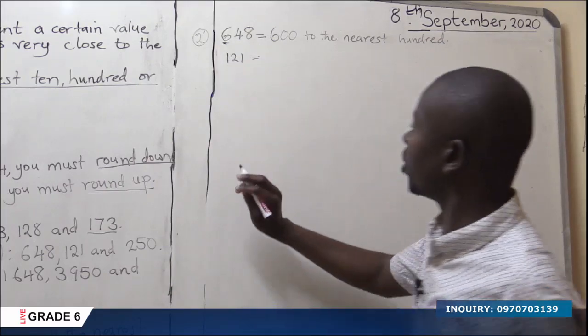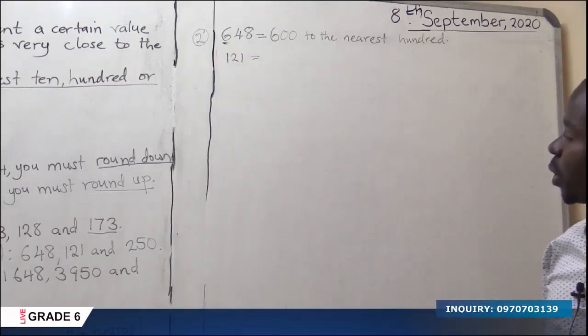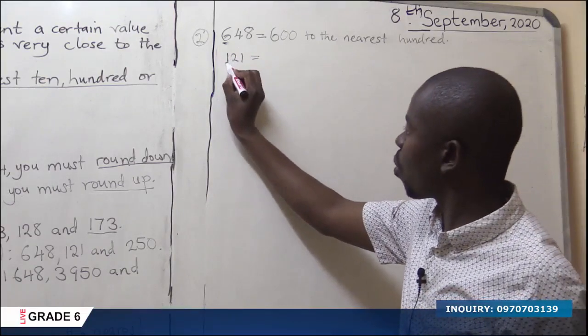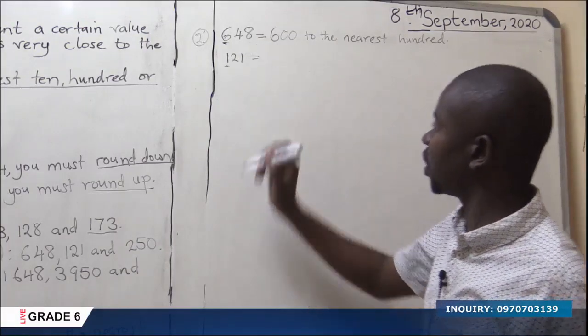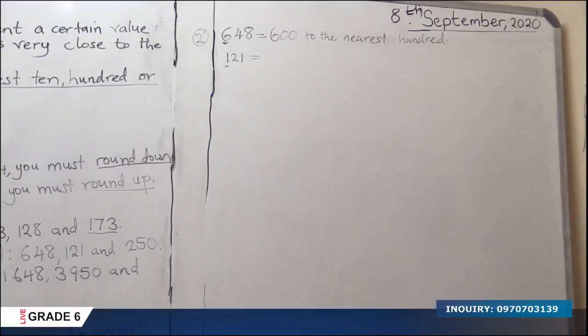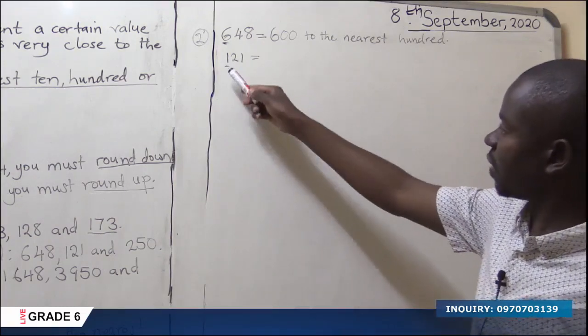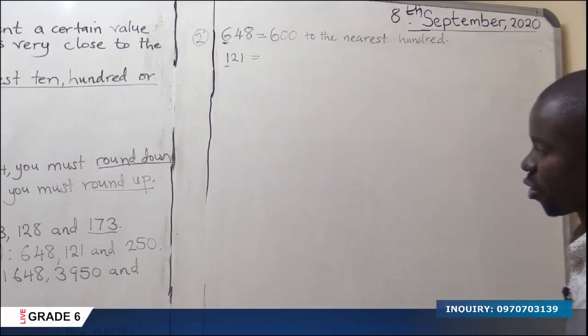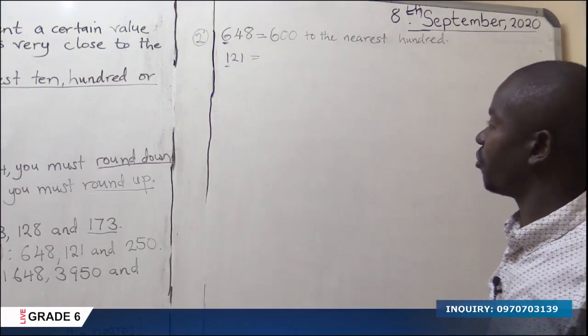The number that is in our 100th position is 1. So what are we going to do? We check the next number again. You discover that the next number is between 0 and 4.